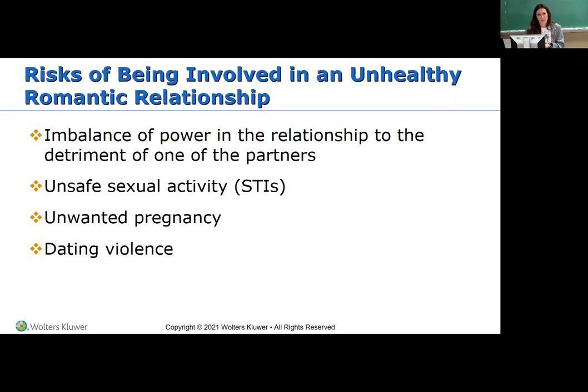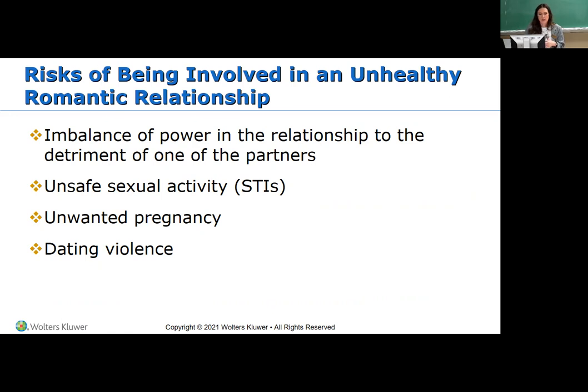They're not building their partner up in self-confidence. They're not nurturing, they're not loving. They're maybe even showing some violence within the relationship, or controlling behaviors within the relationship.